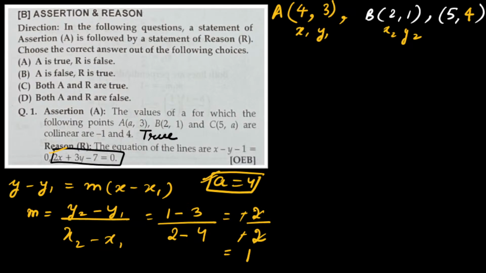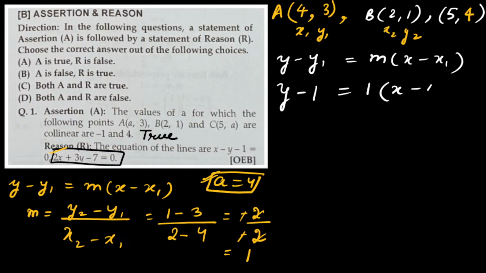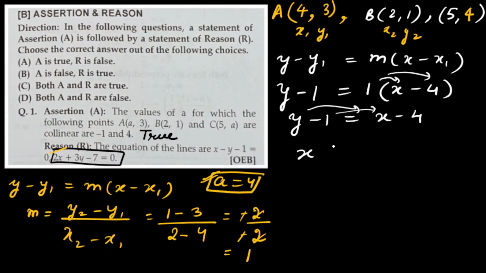Now let us find the equation. Same form: y minus y1 is equal to m into x minus x1. Y1 is 1, m is also 1, x minus x1 is 4. So y minus 1 is equal to x minus 4, since multiplying anything by 1 keeps it the same. Now let's shift y and minus 1 to the right side because I want to keep x positive. So x is not shifted.